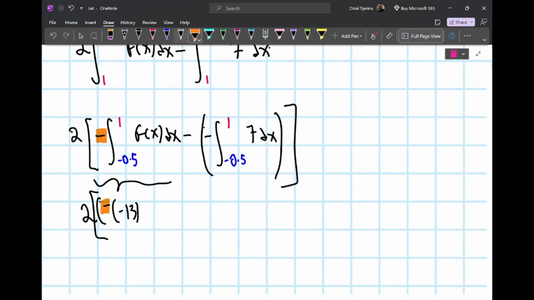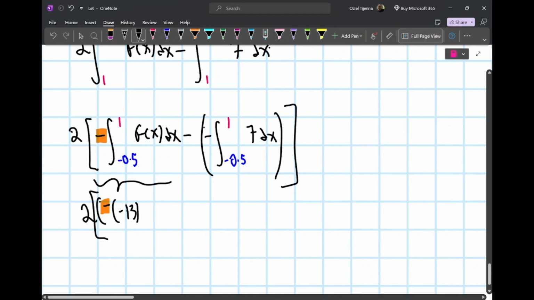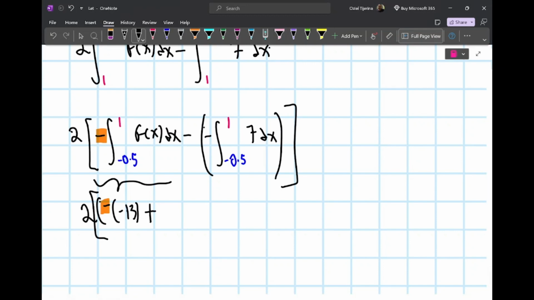And then minus, and now in reality, this is going to be plus because the negatives cancel out. And so we're going to have plus the integral from negative 0.5 to 1 of 7 dx.